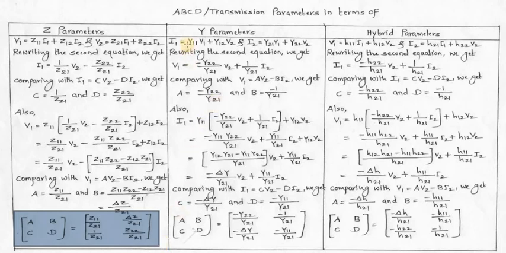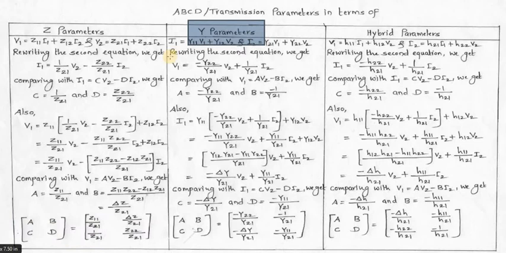Then I would find ABCD or transmission parameters in terms of Y parameters. This can be done in a similar fashion, firstly by writing the equations representing Y parameters.